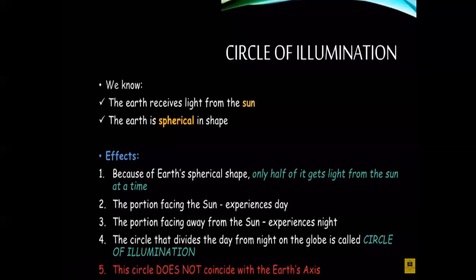So the circle does not coincide with the Earth's axis, which means that during the rotation, at the same time, the circle of illumination is not happening while the Earth is rotating on its axis.